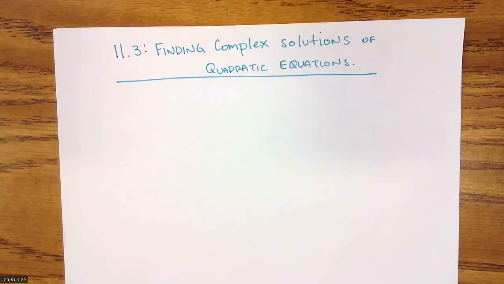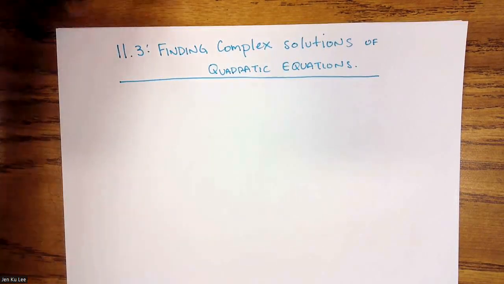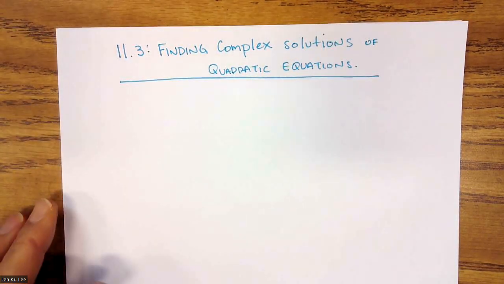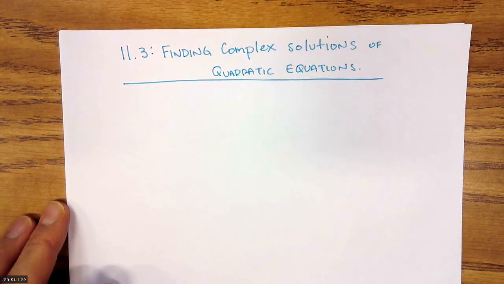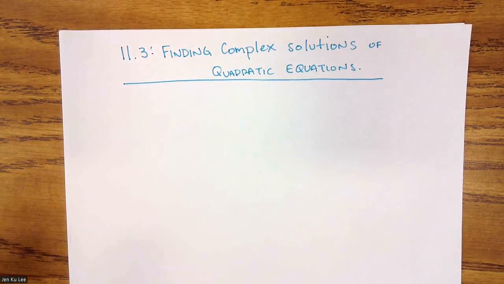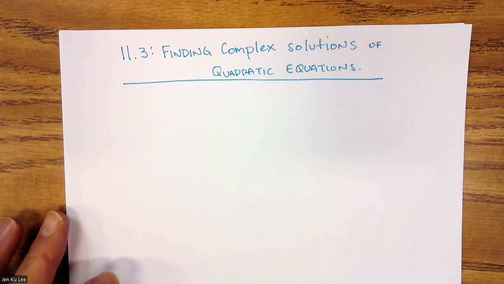Okay, welcome everyone. This is 11.3, finding complex solutions of quadratic equations. In this class, there are essentially two ways of finding complex solutions of quadratic equations, because we cannot factor. Factoring is out when we have complex solutions.